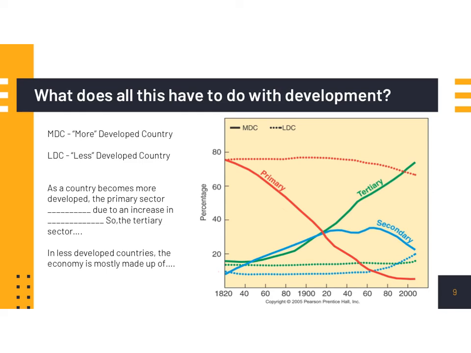So in less developed countries, the economy is mostly made up of the primary sector. So the lower the development, the more people working in the primary sector. So Africa is a continent where many of the countries are on the very low developed continuum. And what are the people working in?